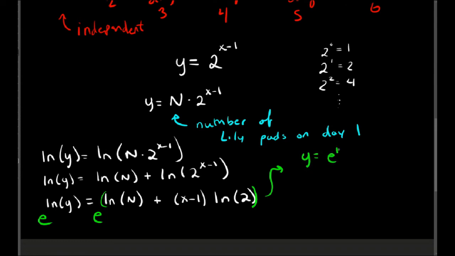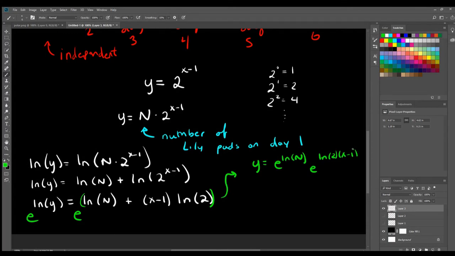And on the right-hand side, I can write this as e to the natural log of n times e to the natural log of 2 times x minus 1. So remember, when I multiply exponents with the same base, I add the exponents. So we kind of did that in reverse here.